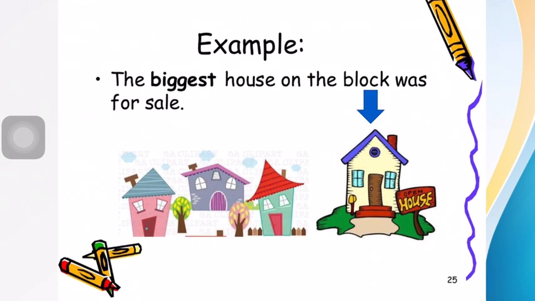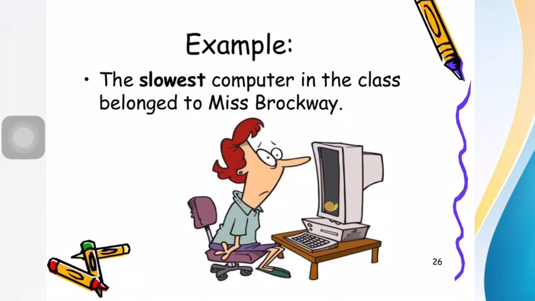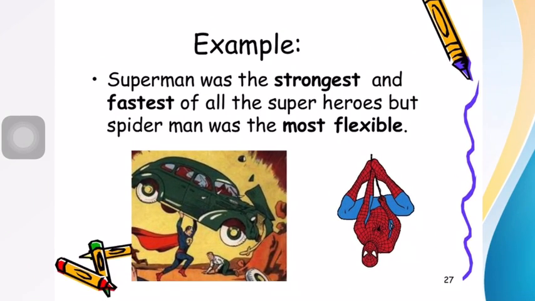The biggest house on the block was for sale. The slowest computer in the class belonged to Miss Brockway. Superman was the strongest and fastest of all the superheroes, but Spider-Man was the most flexible.